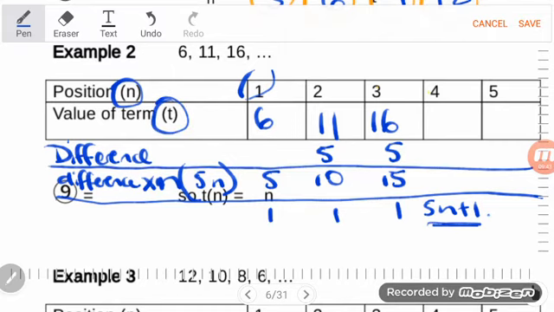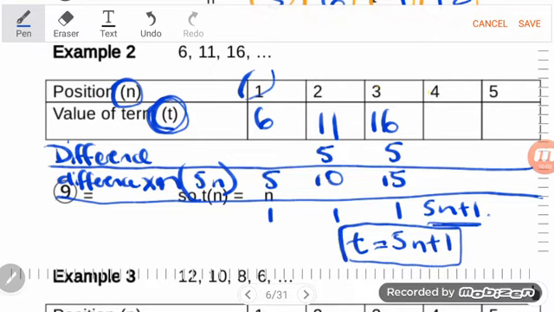Our term. Okay? So if you look here in our table, I've just circled term, which is t. So our general rule is t equals 5n plus 1. Okay? So in this part, we're just focusing on making our rule, and later on we'll work out how to use it. Cool. Let's do another example, shall we?